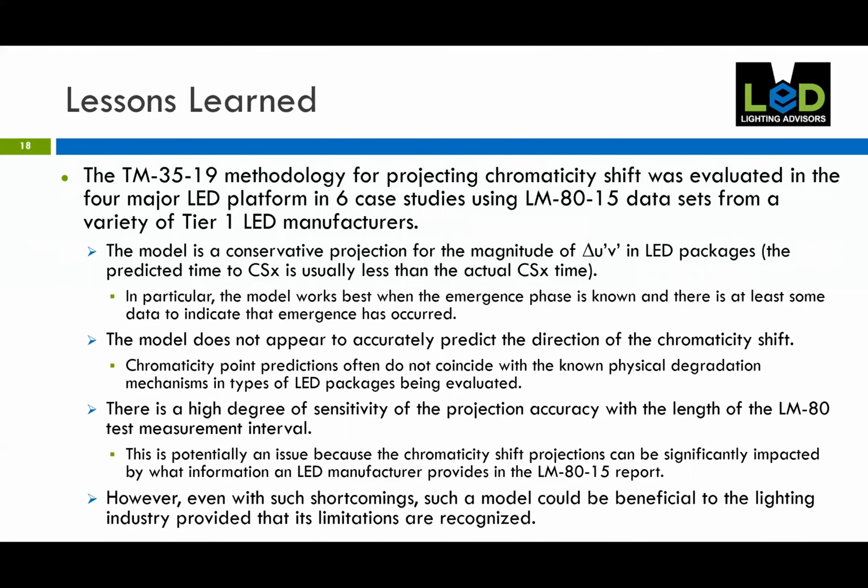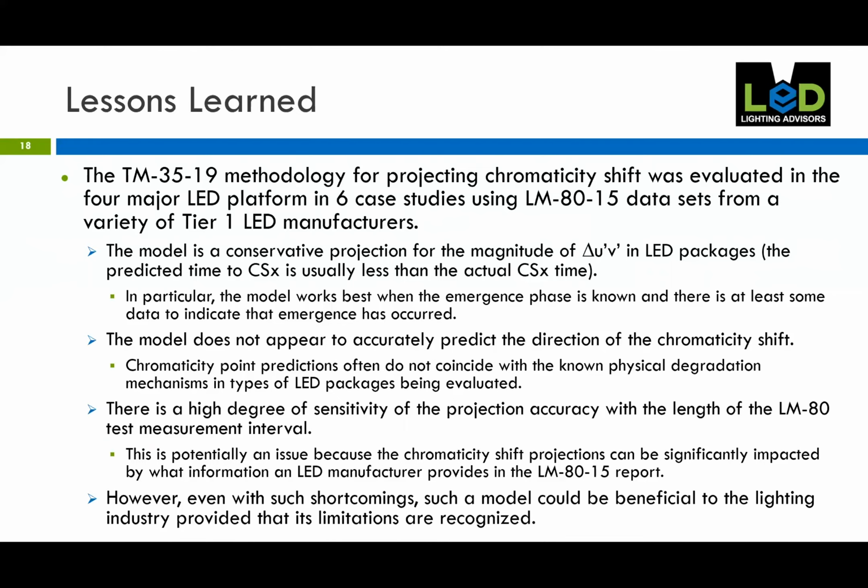And sometimes you have predicted color shifts in non-physical mechanism directions. There's also a high degree of sensitivity of the projection accuracy to the length of the LM80 test measurement interval. And this is the biggest concern because often 1,000-hour intervals are used, but as we get to 500-hour intervals, we see more accurate data projections.